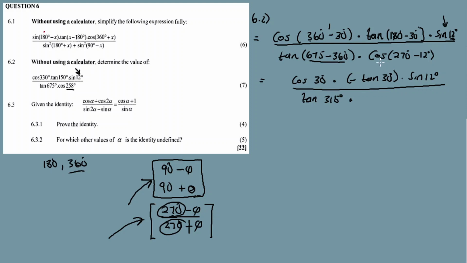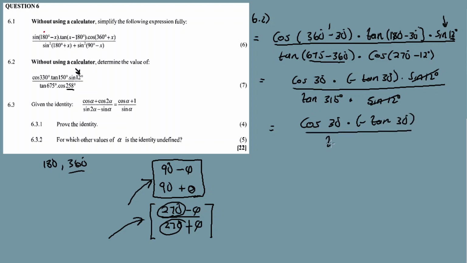What's the co-function of cos? Sine. Sine 12 degrees. There it is. Go. These cancel each other. Then we come back. Alright, let's simplify this little thing. It will be cos 30 degrees multiplied by minus tan 30 degrees.